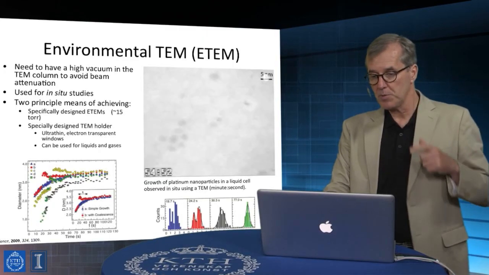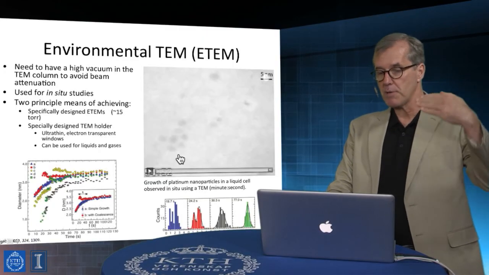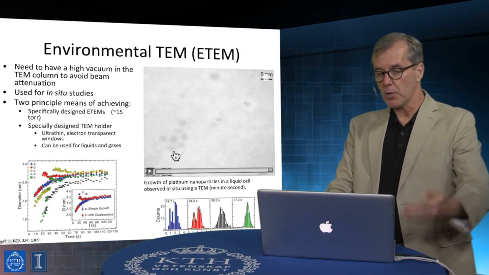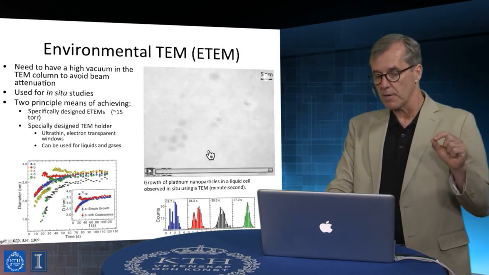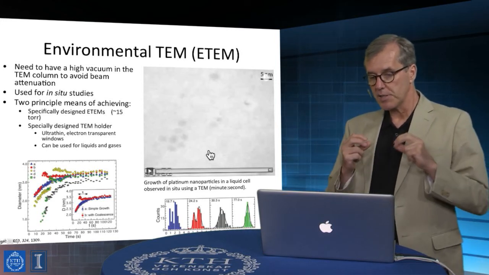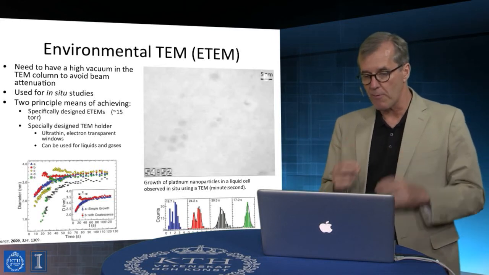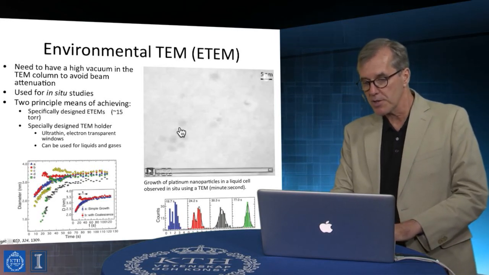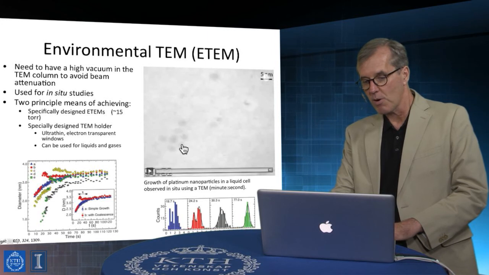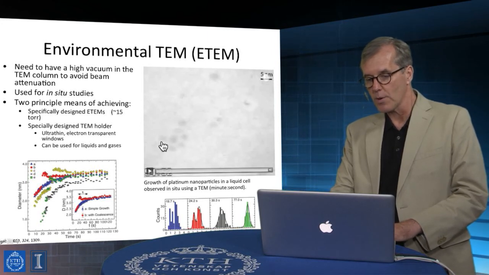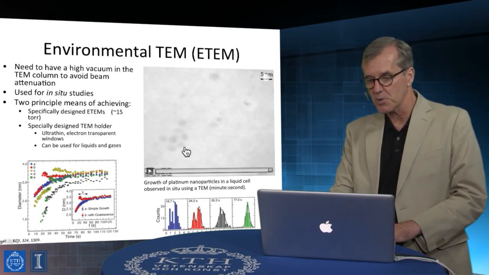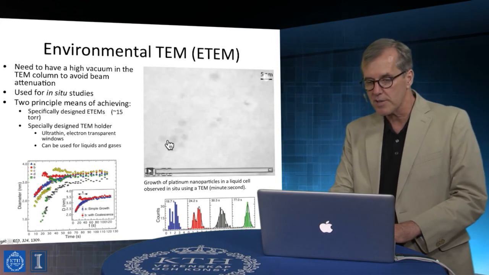This is a thin film cell, and the electrons are actually being placed through a liquid volume element that's sandwiched between two very thin membranes, and you actually can see the growth of an ensemble of clusters. It sort of looks like it's trying to go to hexagonal symmetry.